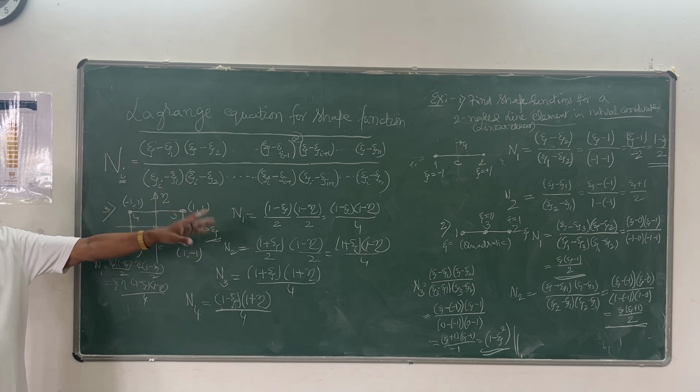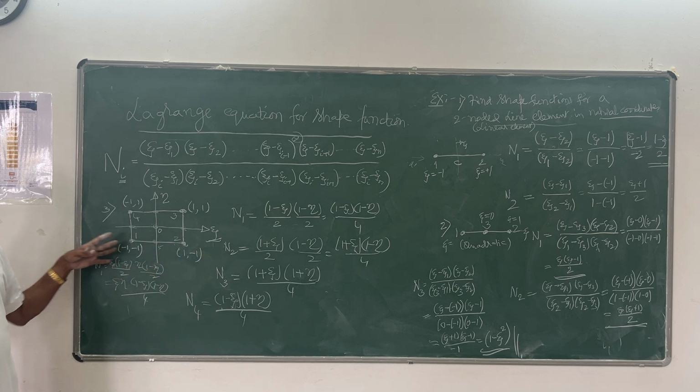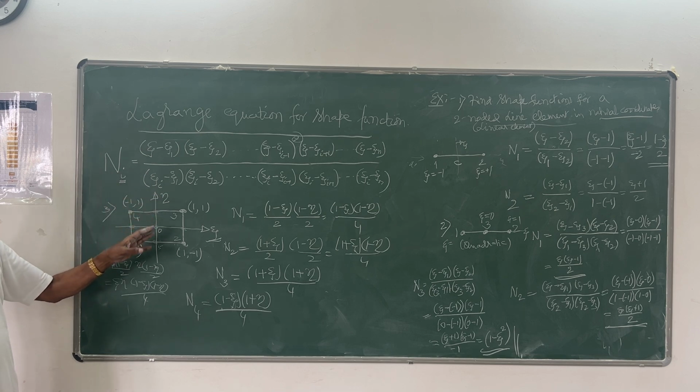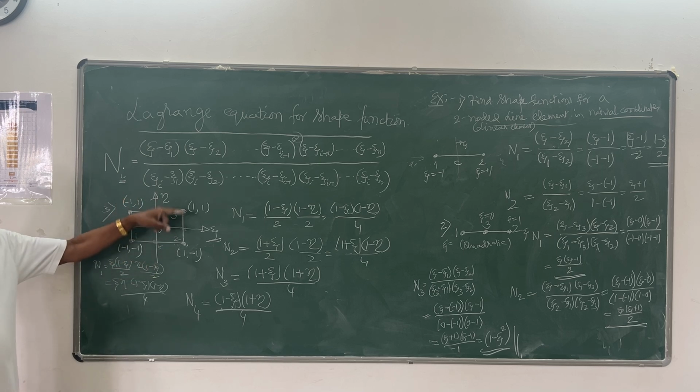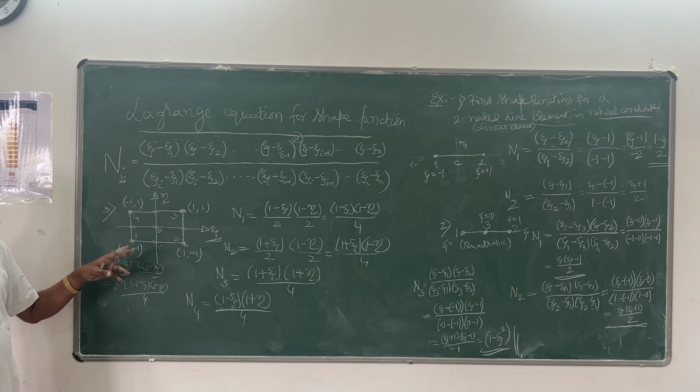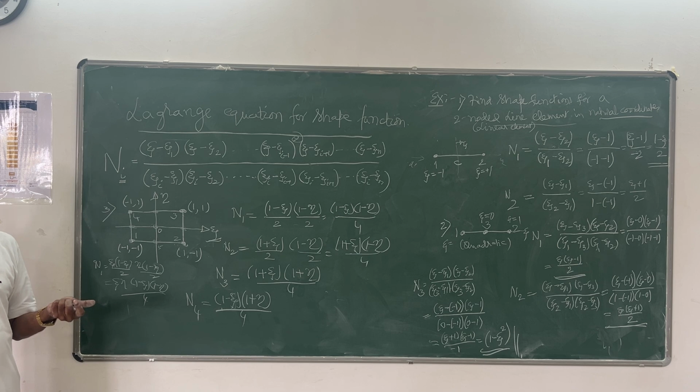You can remember the basic elements, line elements, and for two-dimensional rectangles with symmetry, 9-noded I have already told, 4-noded already told, 8-noded I will tell you, and likewise other nodes also you can write the shape function. But three-dimensional you can forget it, it is not there in the syllabus.